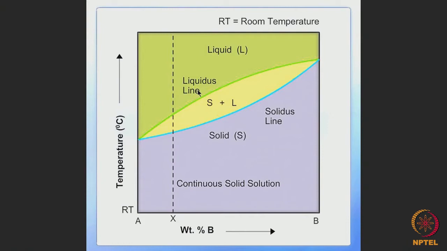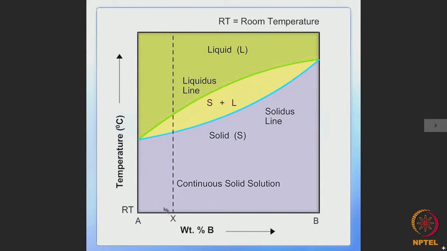Say for example, this is a typical phase diagram of two components A and B, where the components are totally miscible in the liquid state, and in the solid state they form a continuous solid solution.